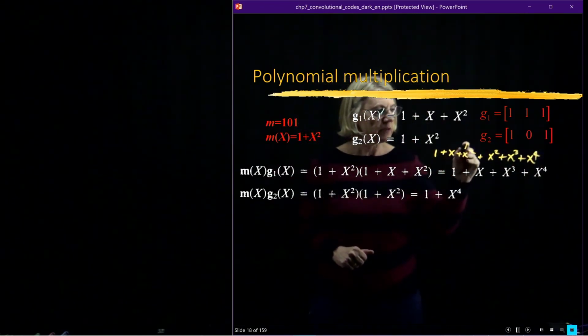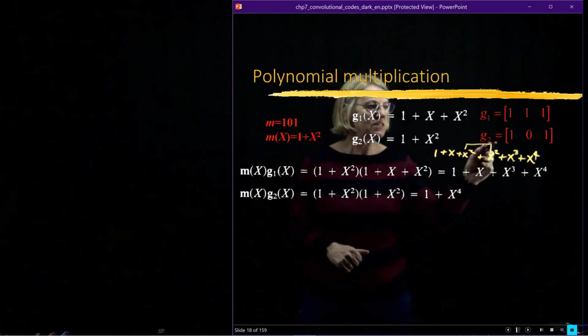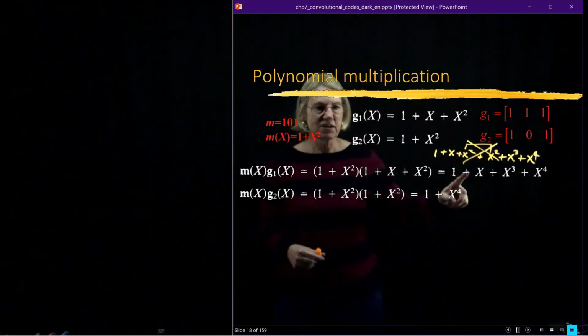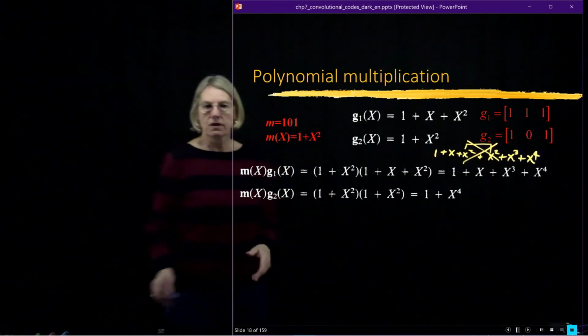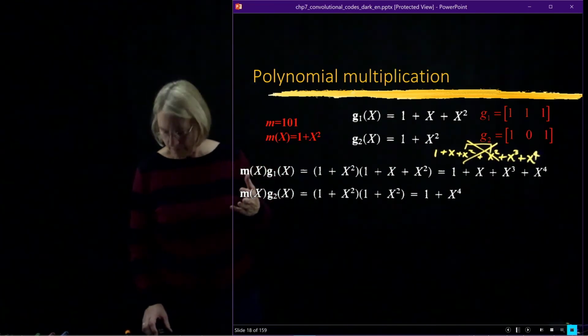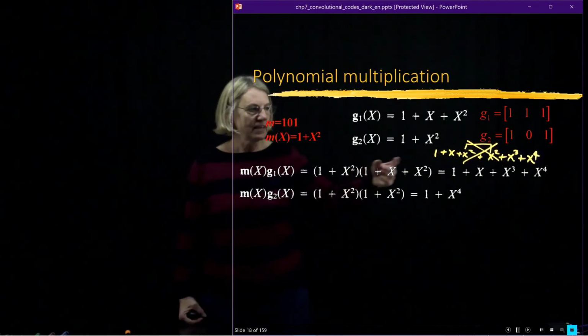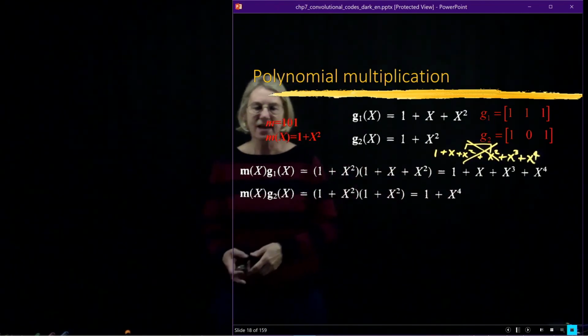Now x squared plus x squared, the coefficient would be 1 plus 1, which gives a 0. So that disappears. So what I have left is 1 plus x cubed plus x to the 4th. So I do the same mathematical manipulation for the second code word, and I get that the polynomial output in this case is 1 plus x to the 4th.